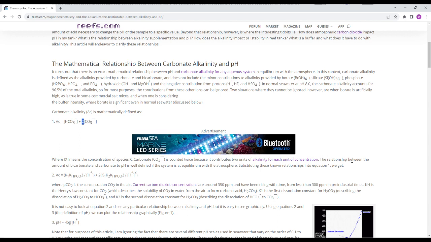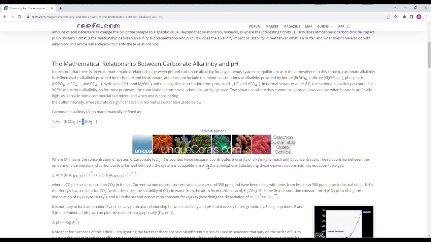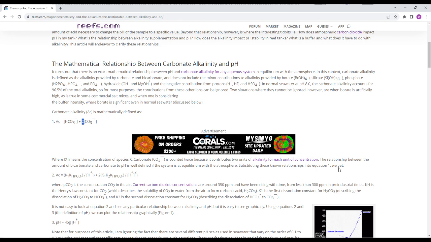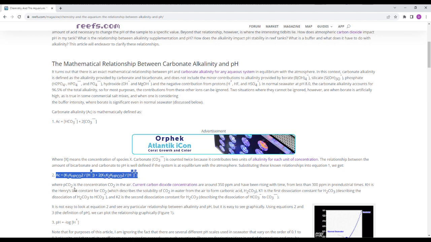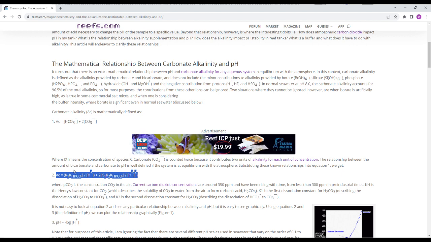The relationship between the amount of bicarbonate and carbonate to pH is well defined if the system is at equilibrium with the atmosphere. Substituting this known relationship into equation 1, we get equation 2. It's a complicated equation, where PCO2 is the concentration of CO2 in the air.